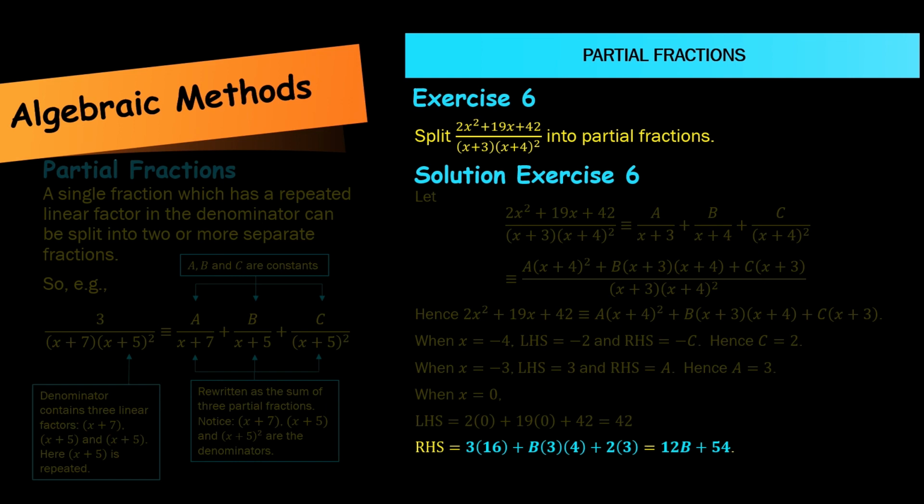Since the left-hand side and the right-hand side are equal, we have that 12b plus 54 equals 42, giving us that b is equal to minus 1.